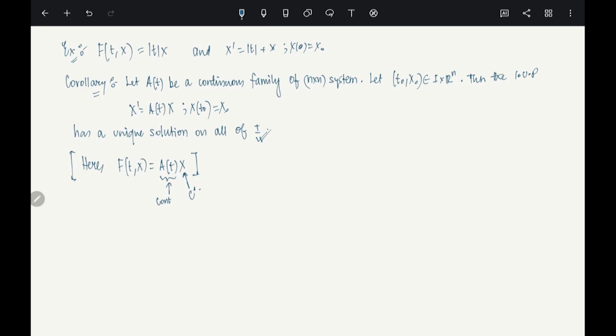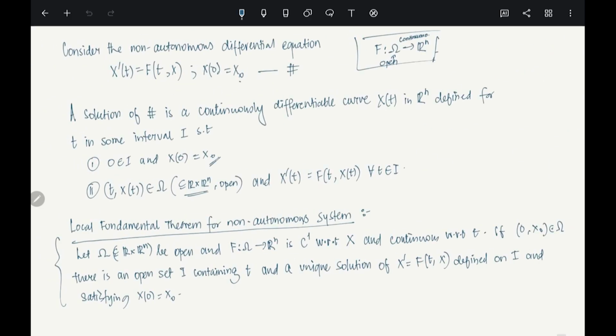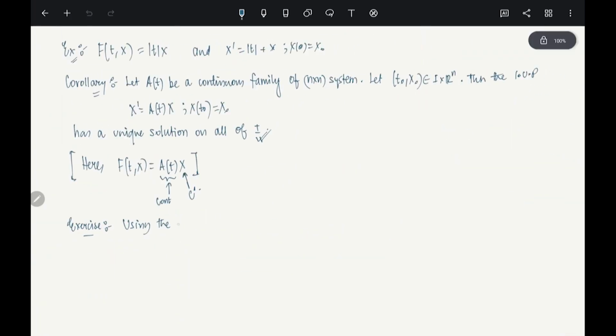Let me put it this way, as an exercise: using Picard, using star, one has a local solution.